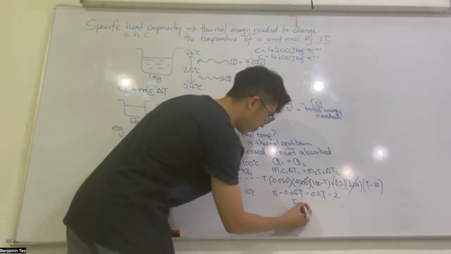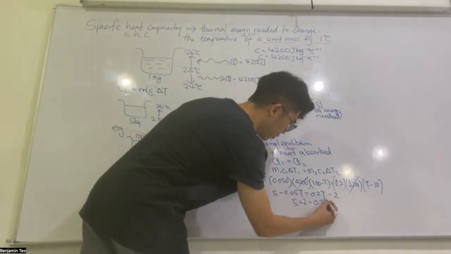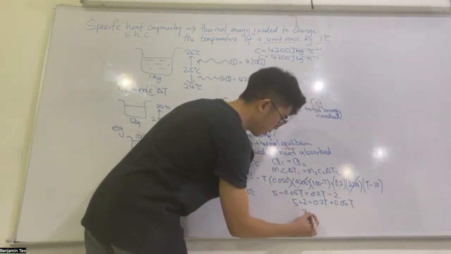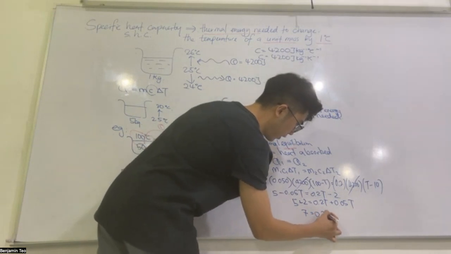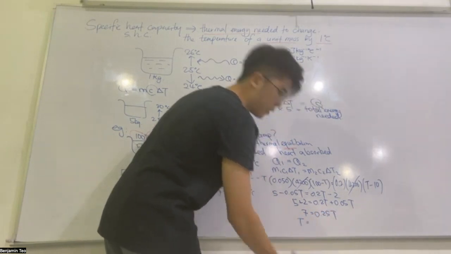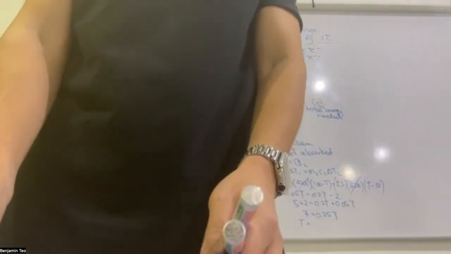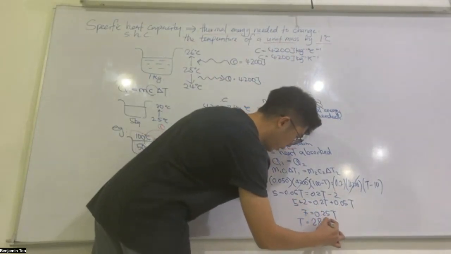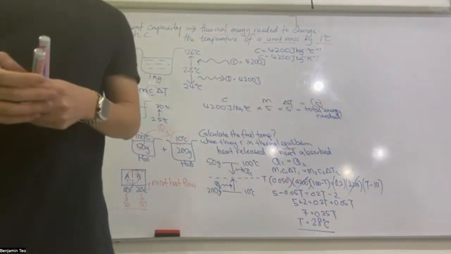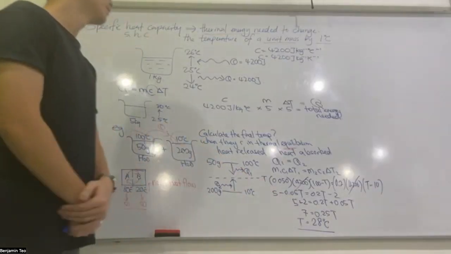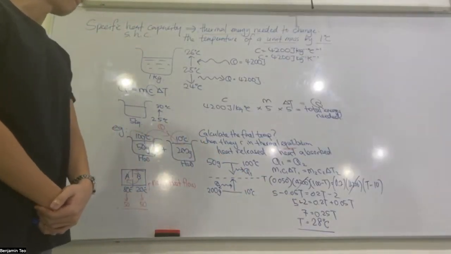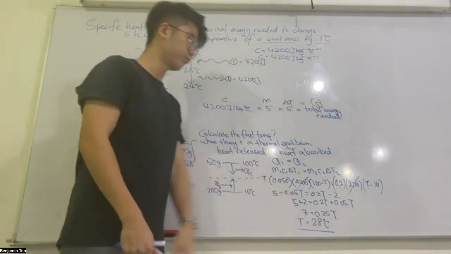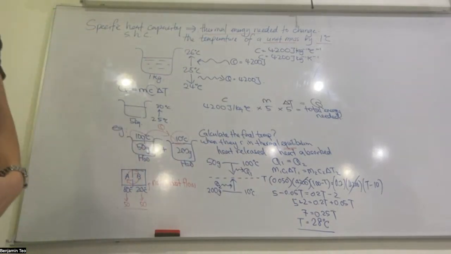Okay, so 5 plus 2 equals 0.2 T plus 0.05 T. 7.25 and here is, okay, it's about 28 degrees Celsius. Okay, that's how you find it. So in the end, these two mixing, they will reach 28 degrees Celsius.